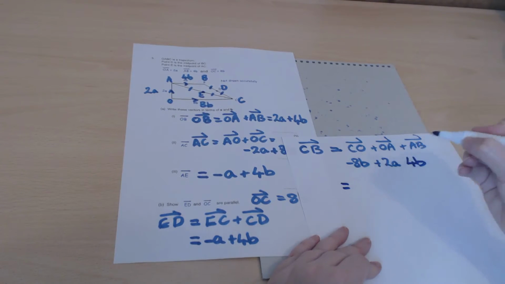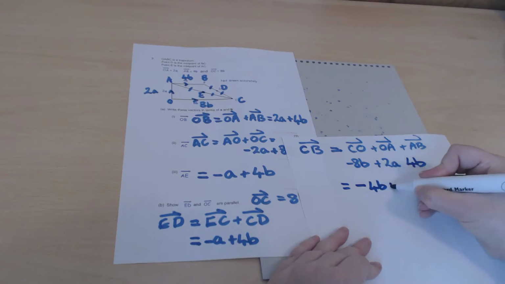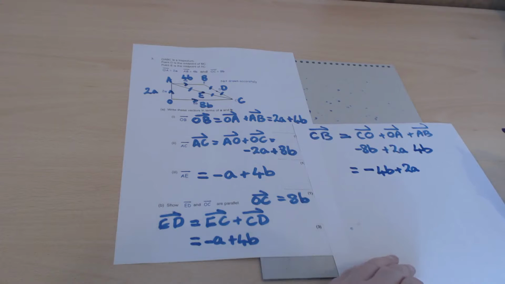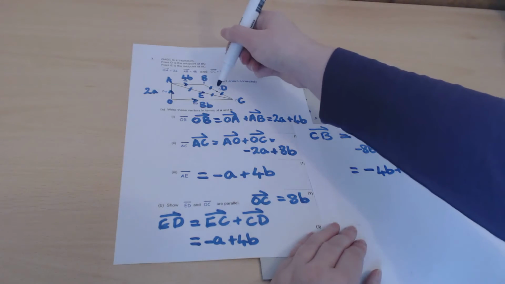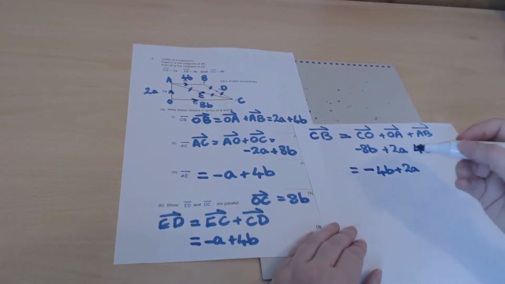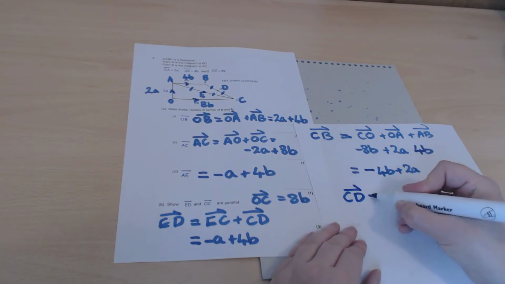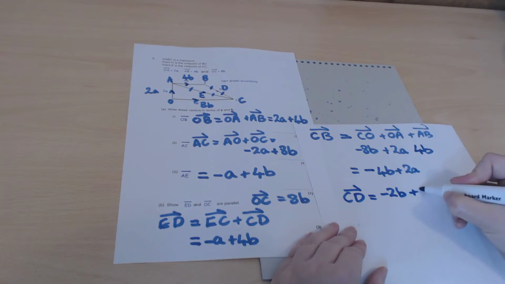So altogether, that's minus 4B plus 2A. Okay. Now that would be going all the way. We only want to go half the way, so we're halving that. So to go from C to D is going to be minus 2B plus A.